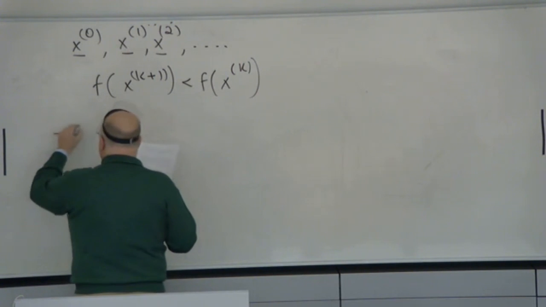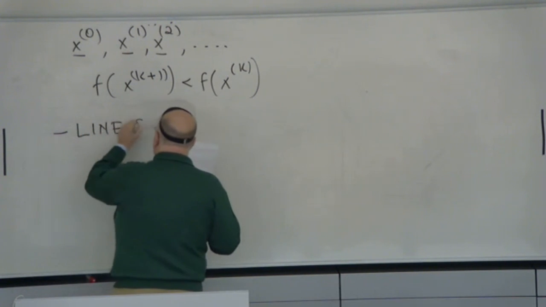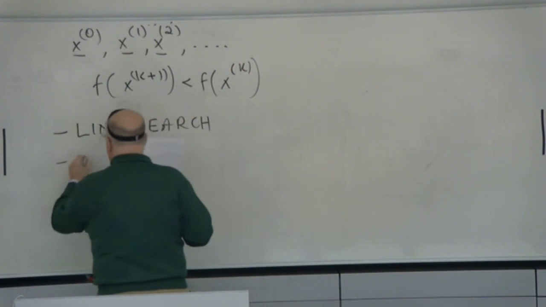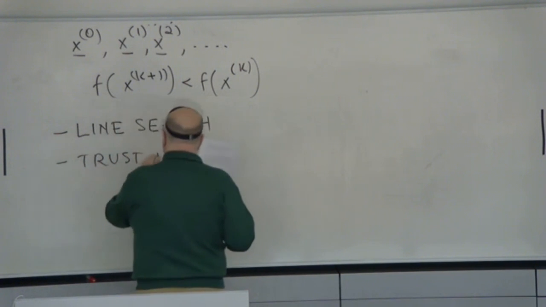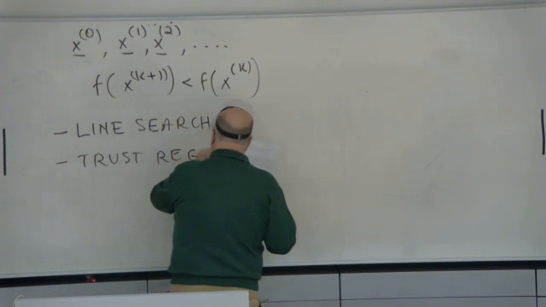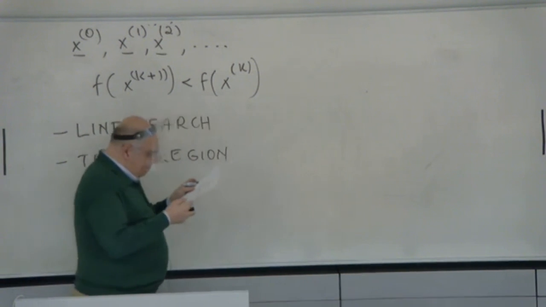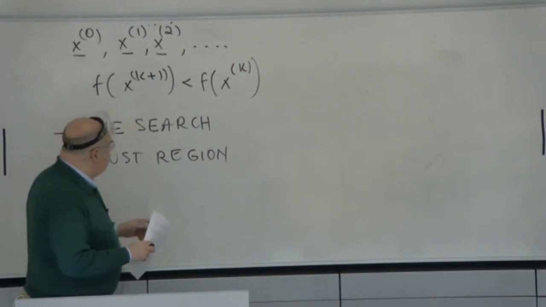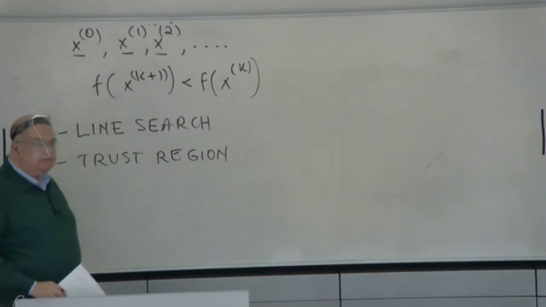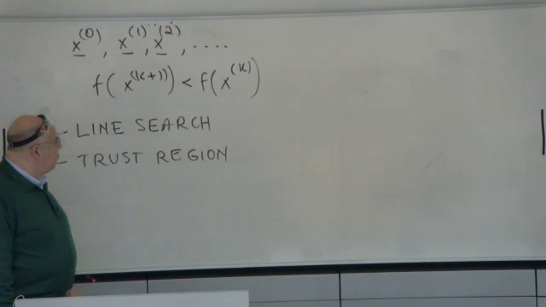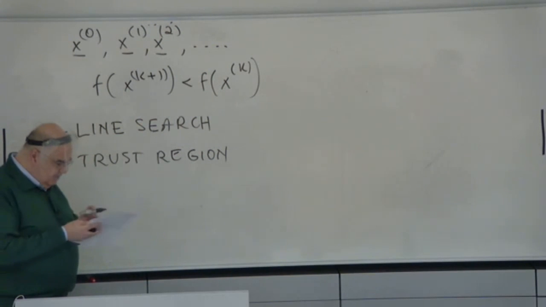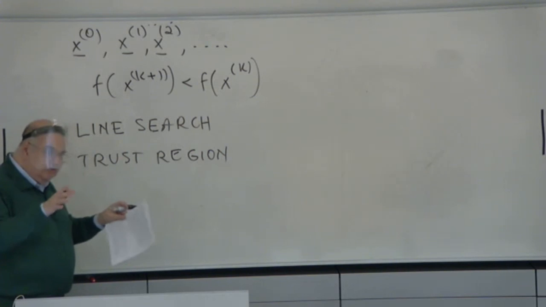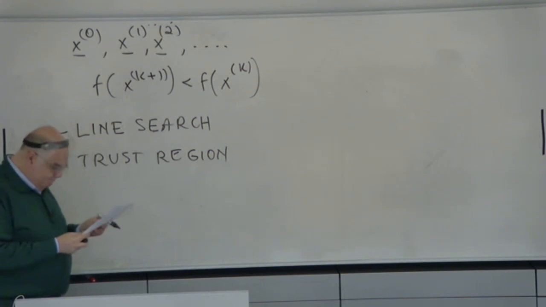The first one is line search, and the second one is the trust region. And in a sense, they are kind of complementary to one another.